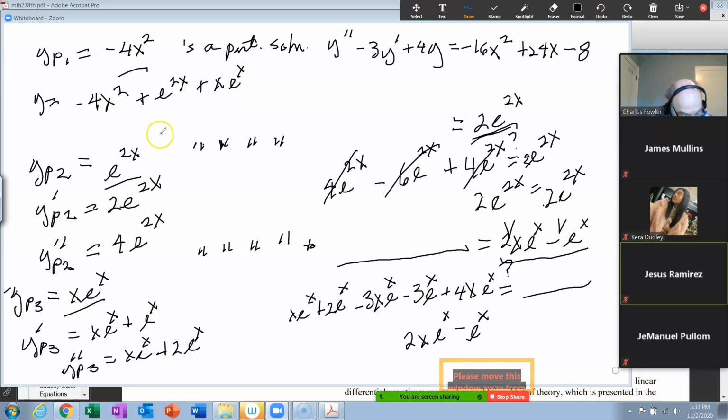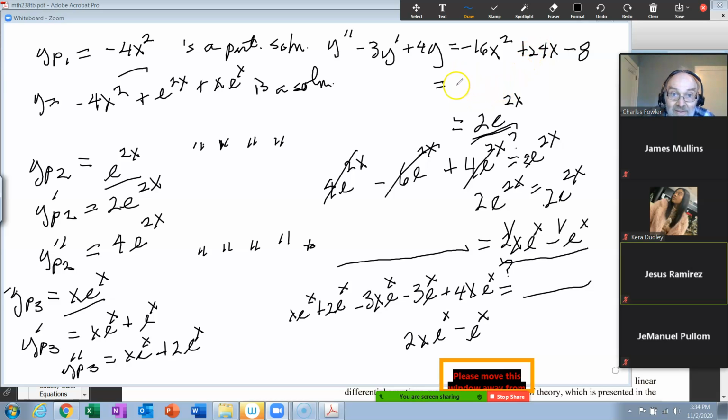Okay. That is overall your particular solution. That's also a solution of this differential equation equal to the sum of those.